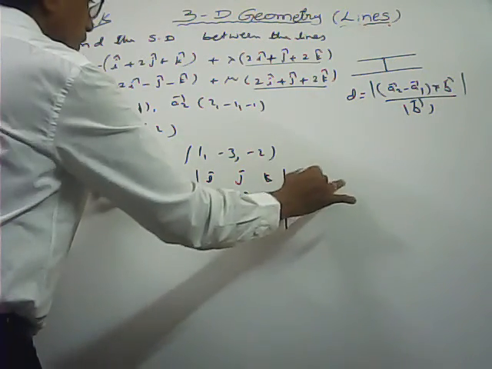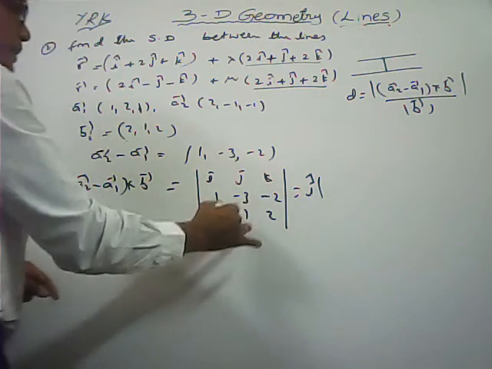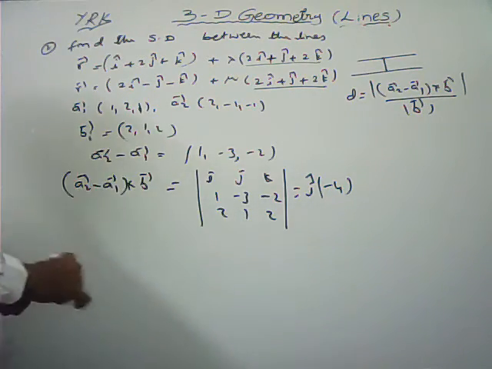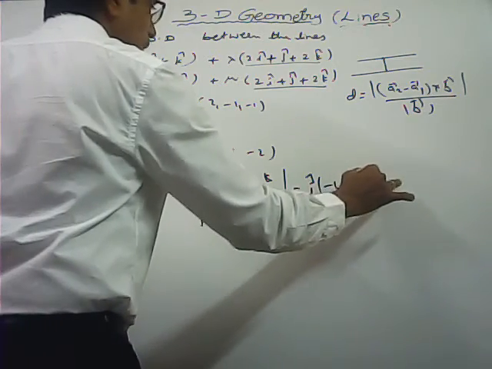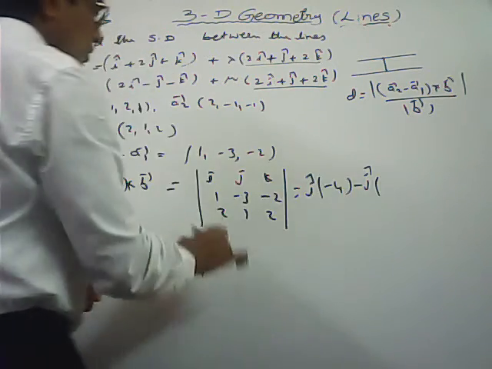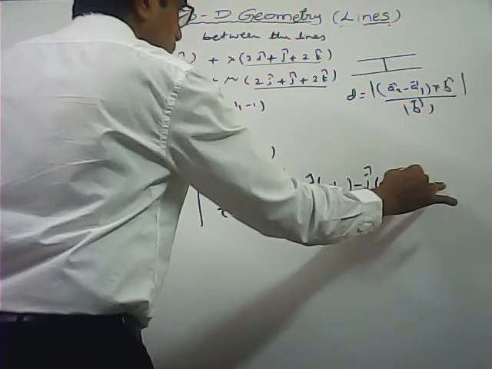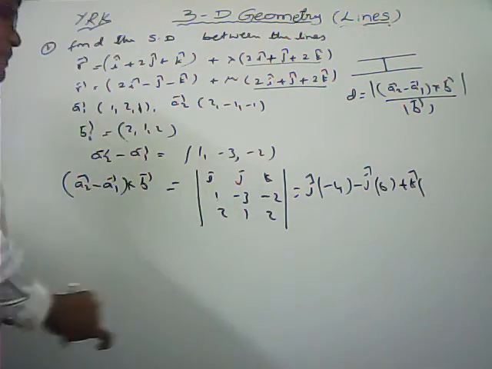That is equal to I cap into minus 6 plus 2, minus 4, minus J cap into 2 plus 4, that is 6, plus K cap into 1 plus 6, that is 7.